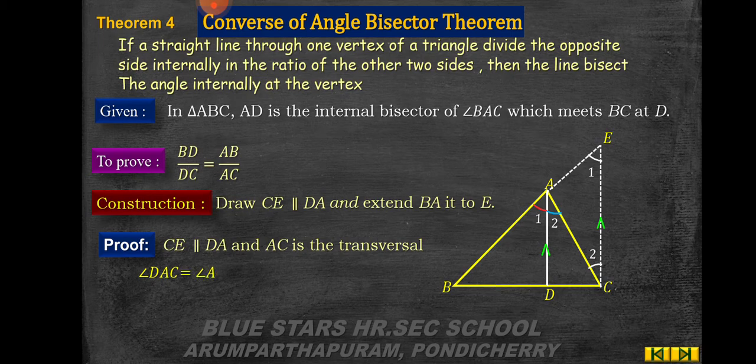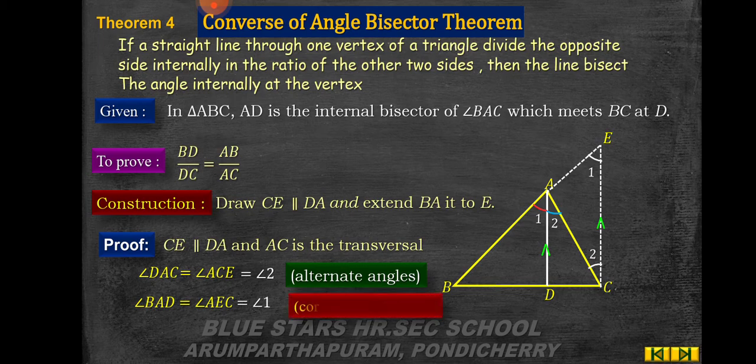So angle DAC is equal to angle ACE, which is equal to angle 2. That is alternate angles. Then angle BAD is equal to angle AEC, which is equal to angle 1. That is your corresponding angles.